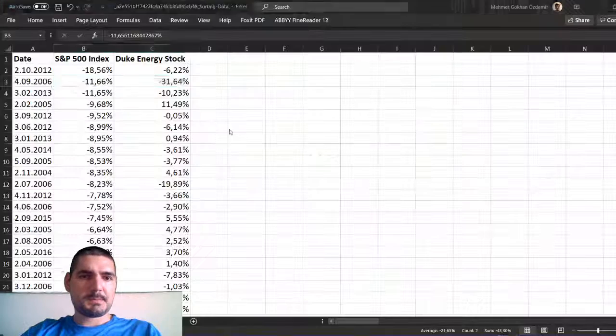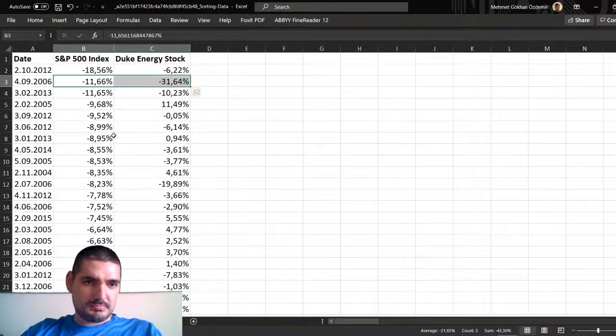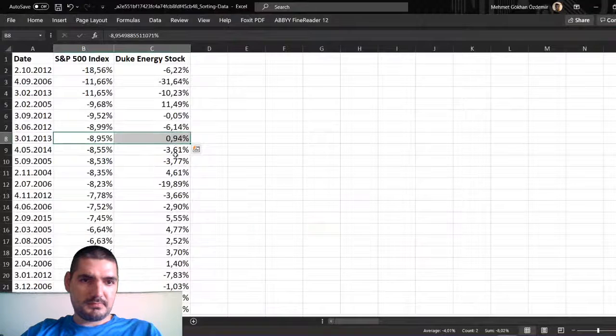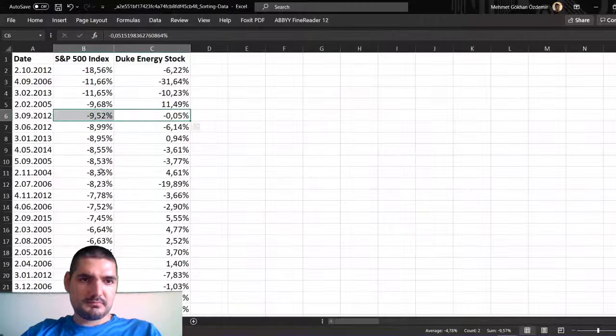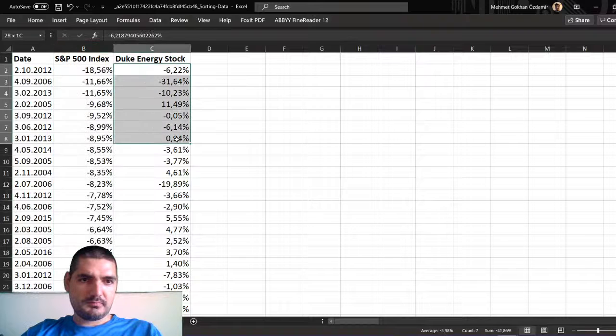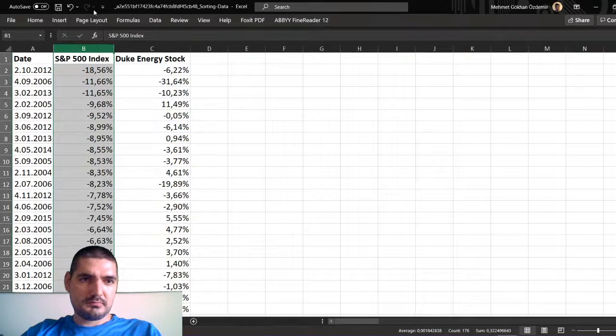But there are also months when the S&P 500 index performed very poorly and Duke Energy was only slightly down. So what I would say here is that there's a stronger association on the downside, it appears, than on the upside. In other words, when the S&P 500 index is way down, Duke Energy stock seems generally to be down. When the S&P 500 index is way up, Duke Energy stock is not necessarily way up.